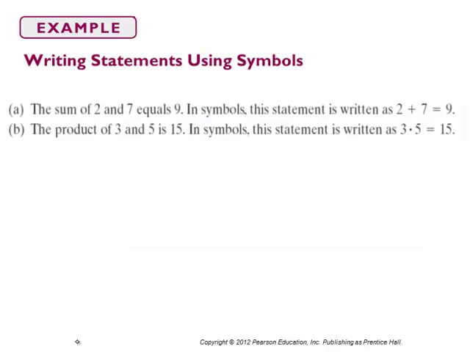So if you were given some sort of operation using words, then we can translate it to math just by going ahead and writing the numbers together with the plus sign and the equals. This says that 2 plus 7 is equal to 9. Or in other words, the sum of 2 and 7 is equal to 9. Or if we want to say that the product of 3 and 5 is 15, well, you can write it like this.